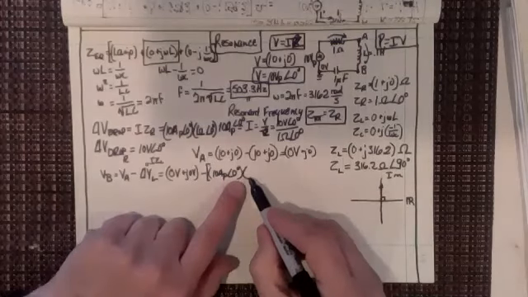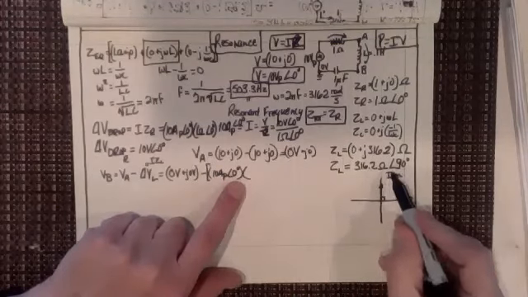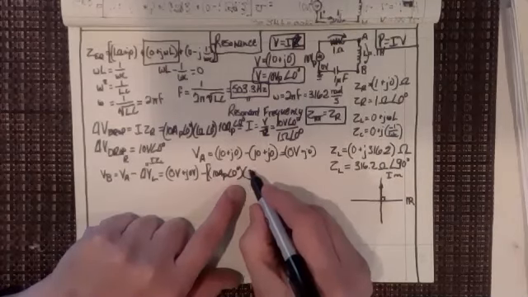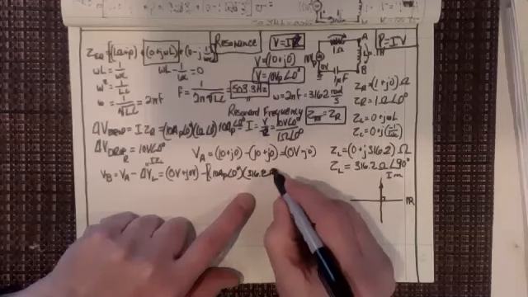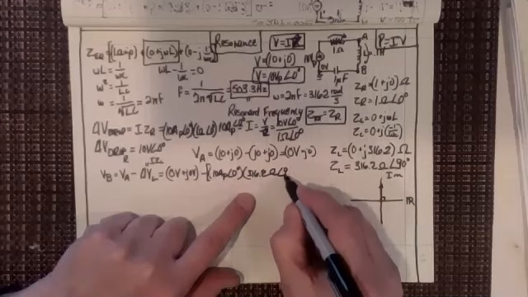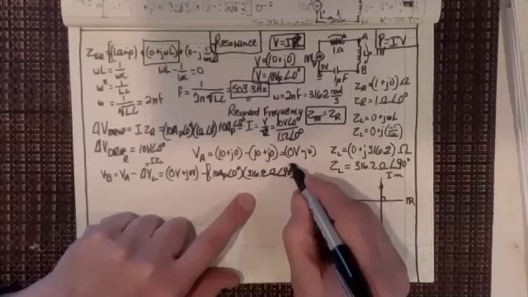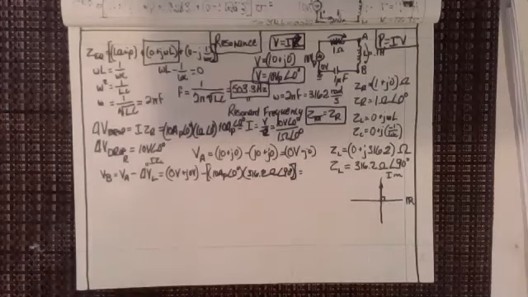And we also know what the impedance of the inductor is. That's 316.2 ohms at 90 degrees. Does everyone see where I'm going with this?